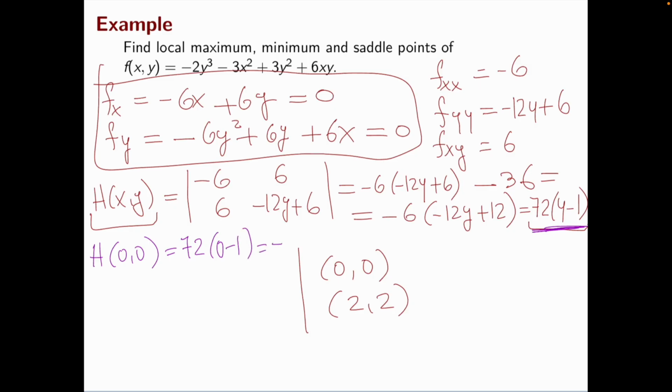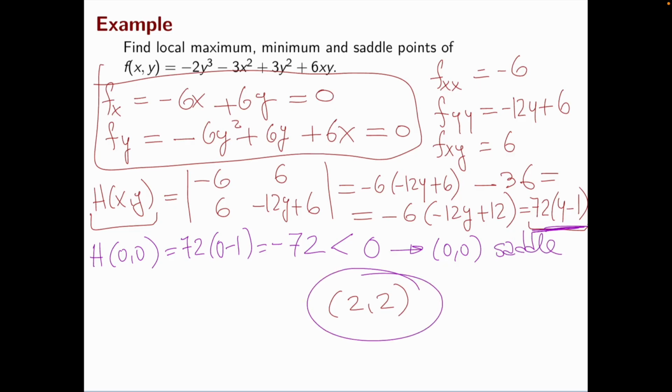So this is minus 72. So the Hessian at 0, 0 is minus 72. That means that it is negative, right? That's what we wanted to check, if it's negative or positive. It's negative, so automatically we can say that 0, 0 is a saddle point.